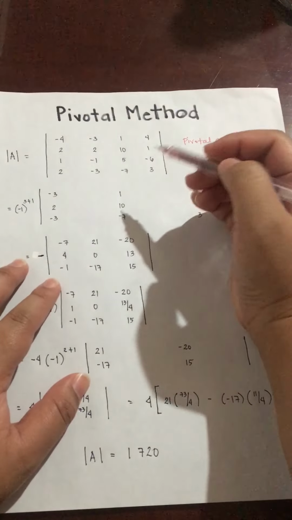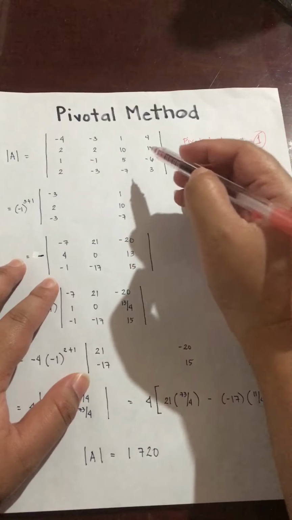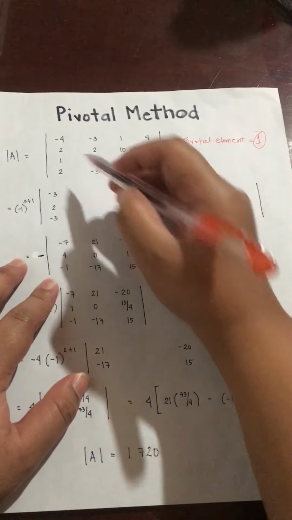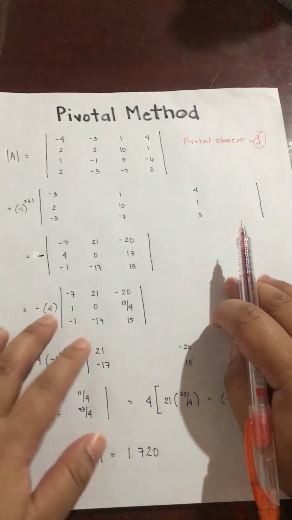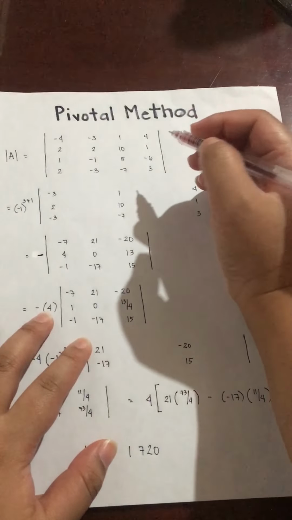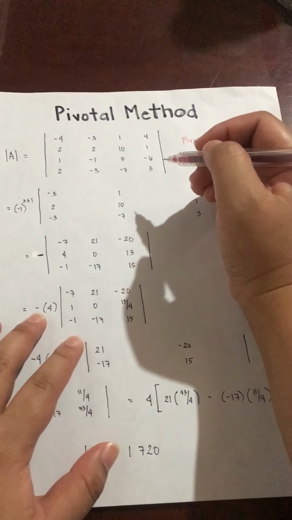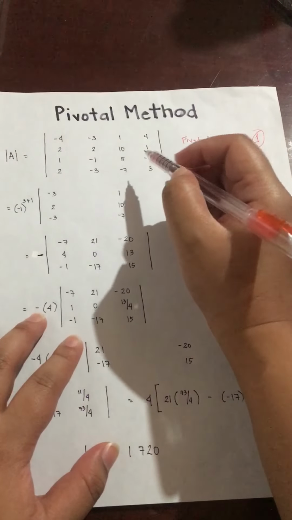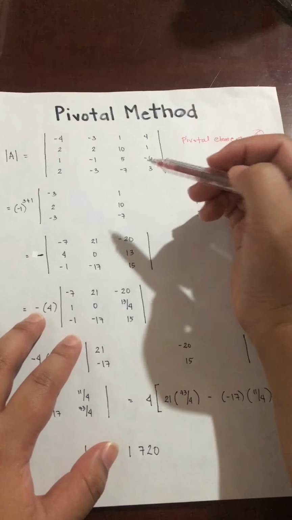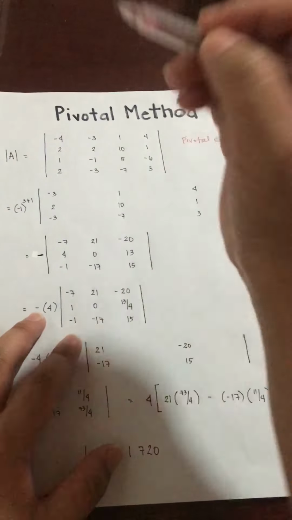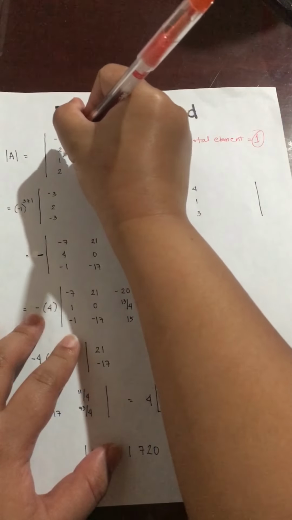Kung mapapansin nyo, sa ating given na determinants, we have a 3 pivotal element. We have a 3, 1. Instead of using them all, we only have to choose 1. Pipili lang tayo ng position. If walang given na position, we have to choose a position ourselves. So, ang aking pinipili na position is here. I will choose this one.